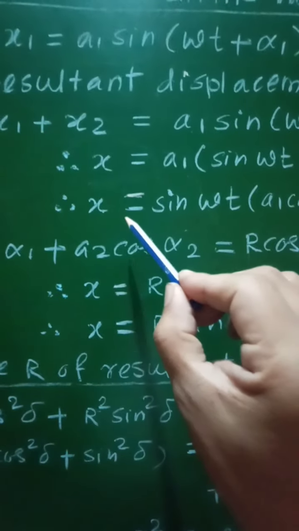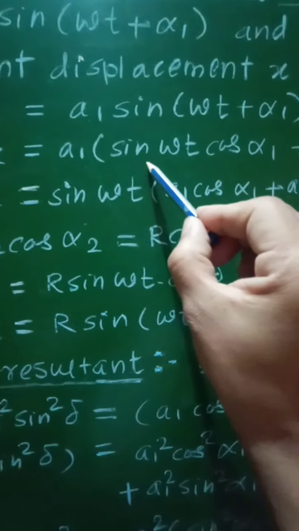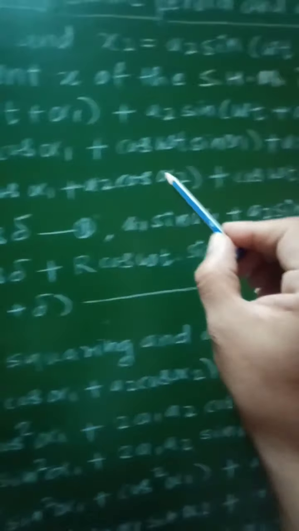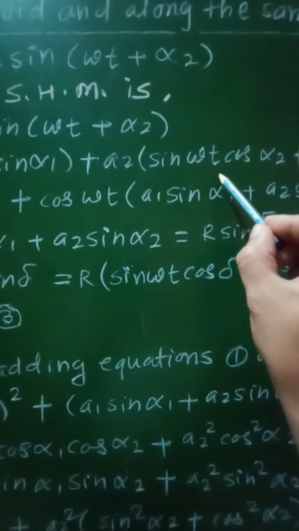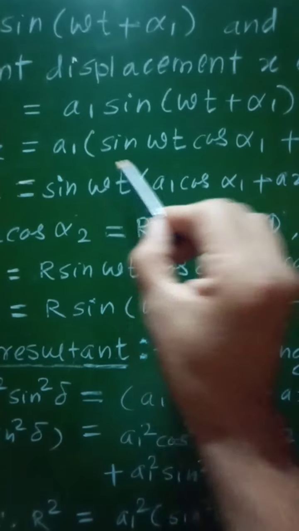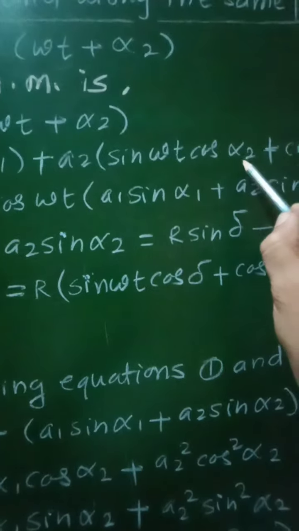Then this x will be written as follows. Sin omega t from this term as well as sin omega t from this term will be taken common, and then the remaining part will be here a1 cos alpha 1 and here a2 cos alpha 2.